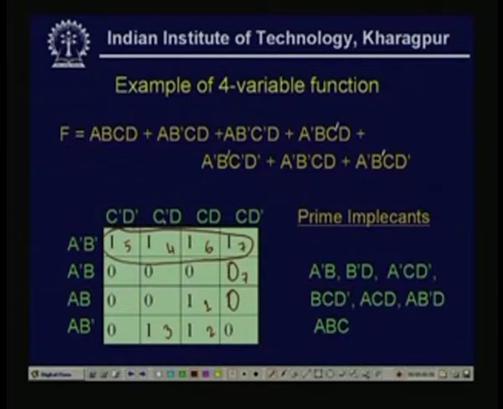see another quad can be there. If I fold, this can be another quad. Now, for this quad, what will be the reduced term from the K-map? For the two adjacent columns, C bar D and C D, D is common.